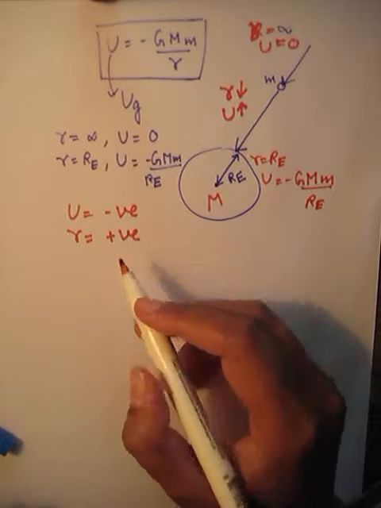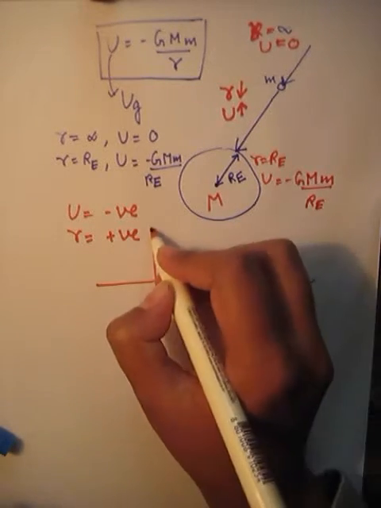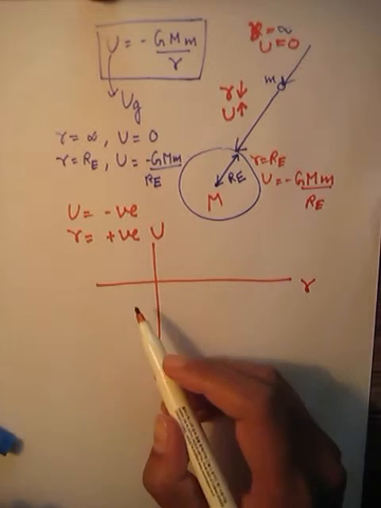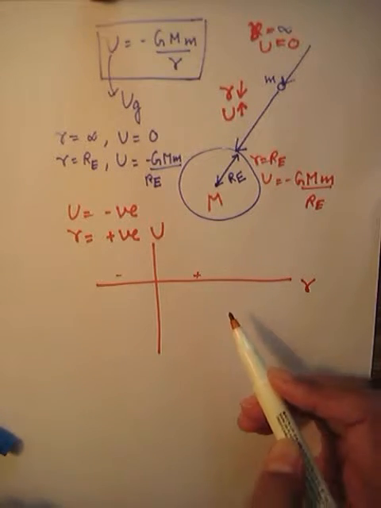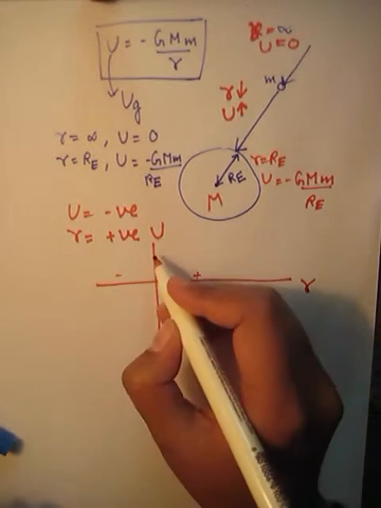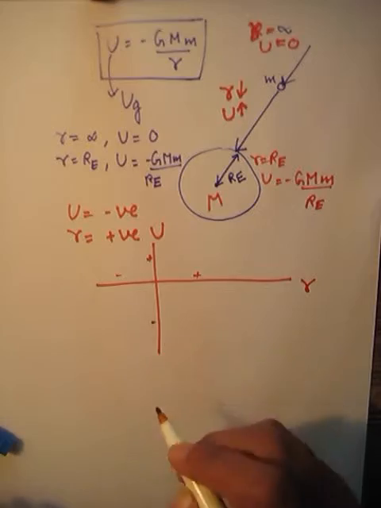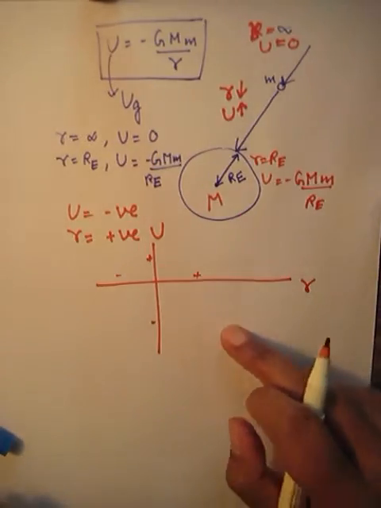So if we have to plot R versus U, R is positive on this side and negative on this side, and U must be negative, so this graph will lie in this region.